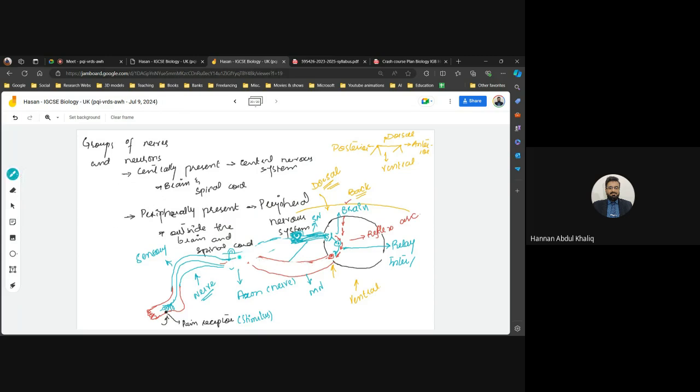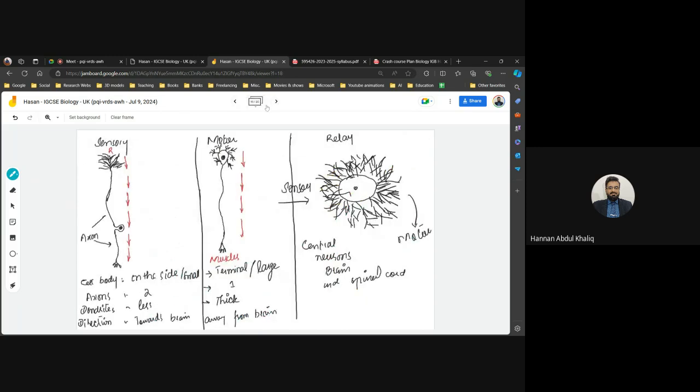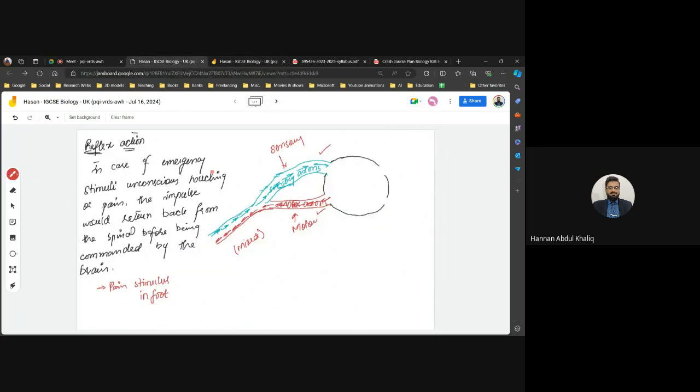If the impulses are conscious, then the spinal cord would never act on its own. But if the impulse is something that you did not know, then you would just respond involuntarily.